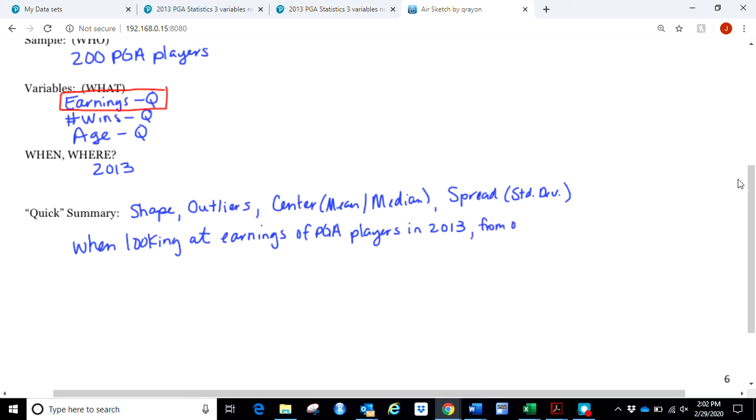From our sample, we found, so I'm just going to do these in order, so my shape, that the data was unimodal and skewed right.